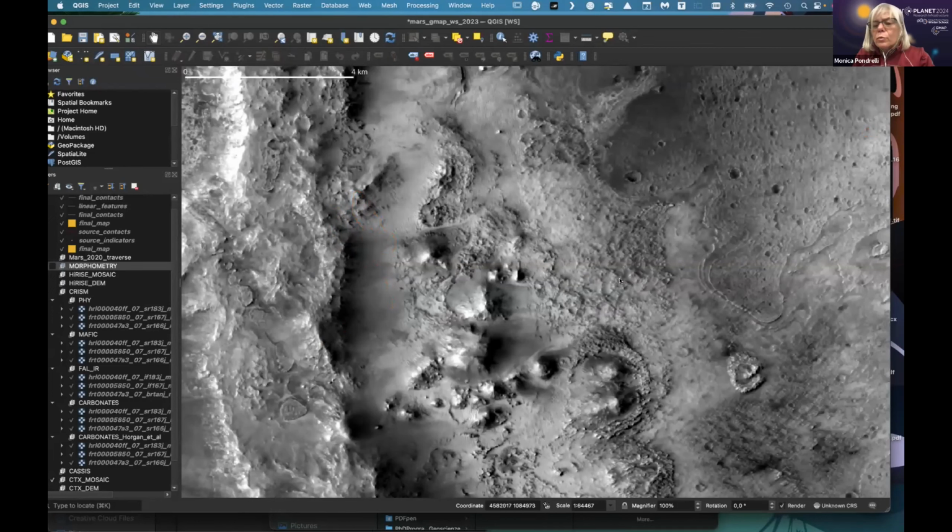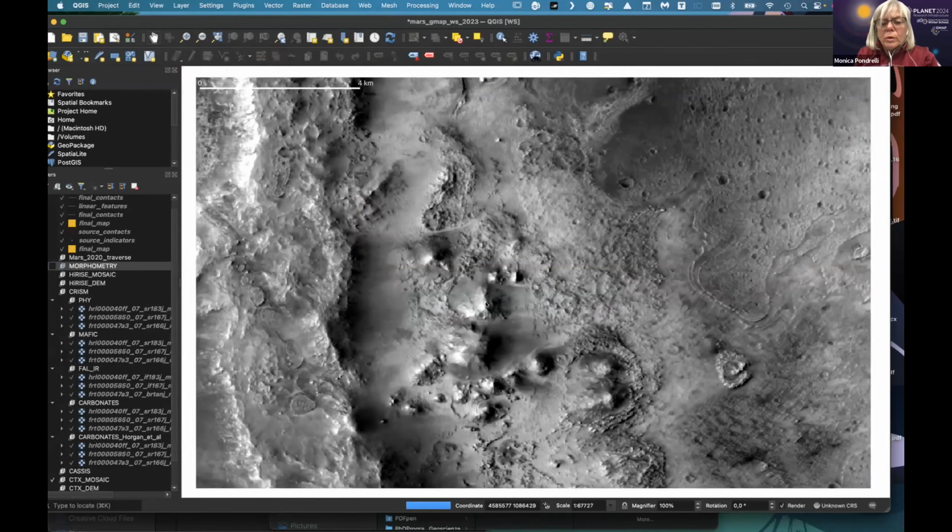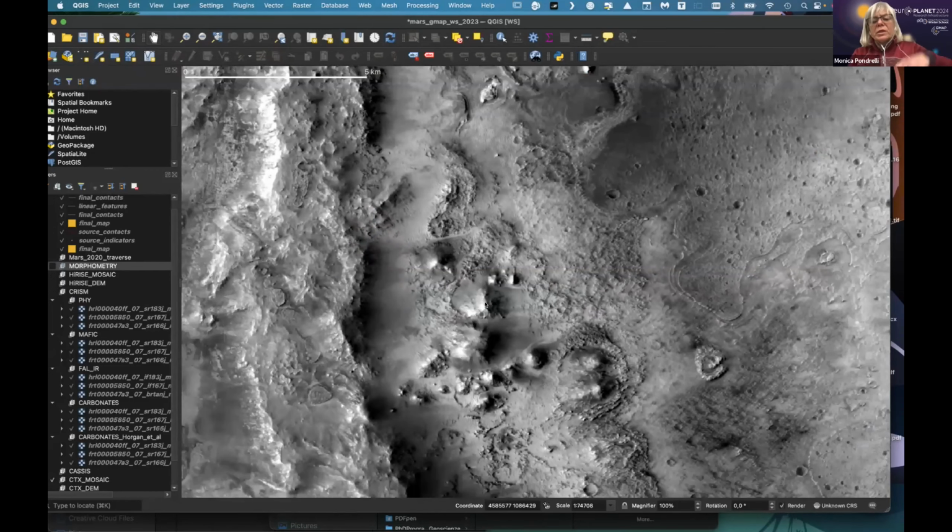So this unit is very similar to this one, which is unit D. Then look at how these, let's call them bodies, are more resistant to erosion and are standing tall with respect to the surrounding terrain inside the crater.